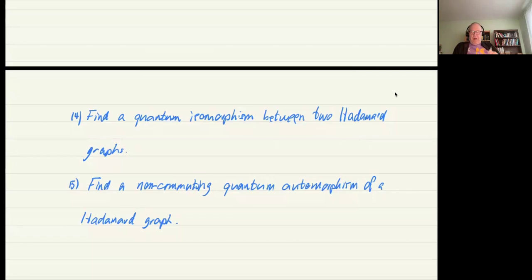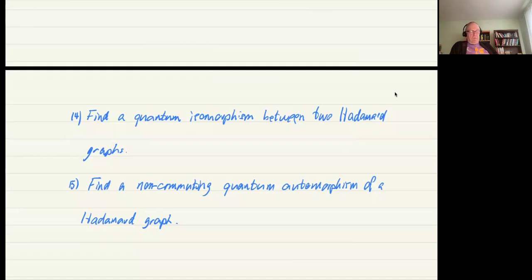But anyway, so now we know that these Hadamard graphs with the same number of vertices are quantum isomorphic, but we do not have an example of a quantum isomorphism between two Hadamard graphs. And that's a little embarrassing. It might be vaguely possible to reverse engineer the proofs of the result on the homomorphism count.